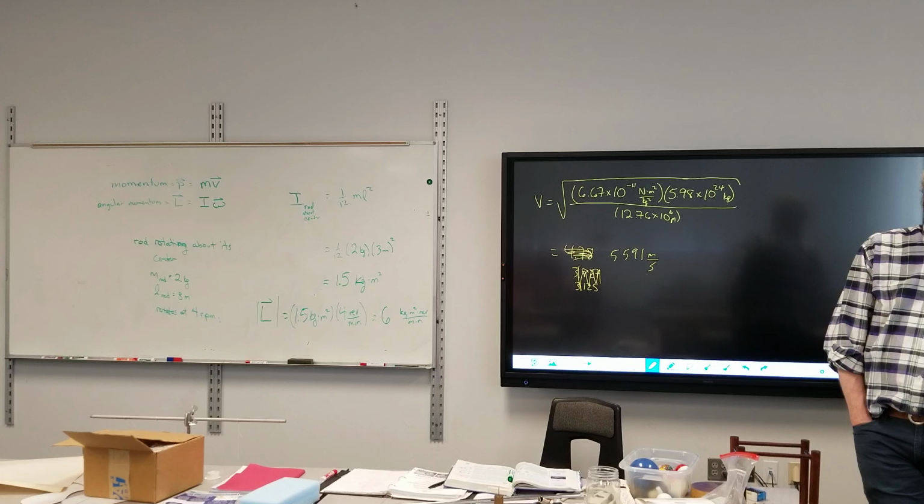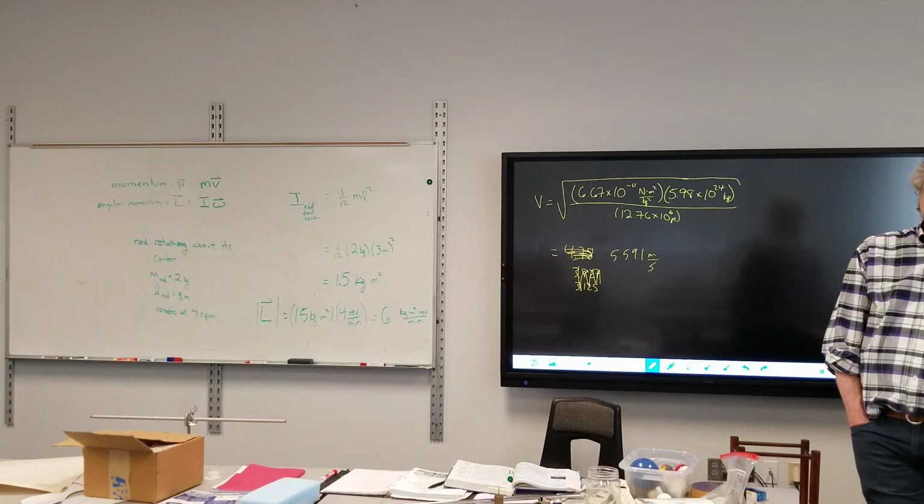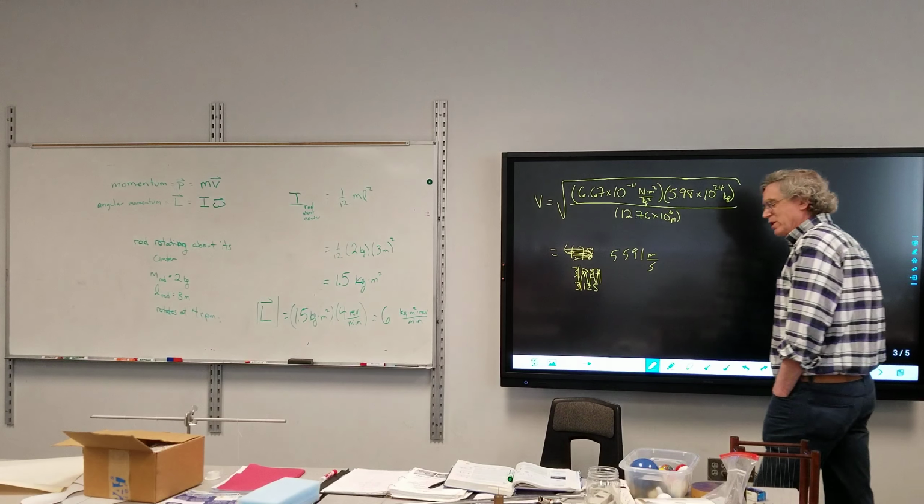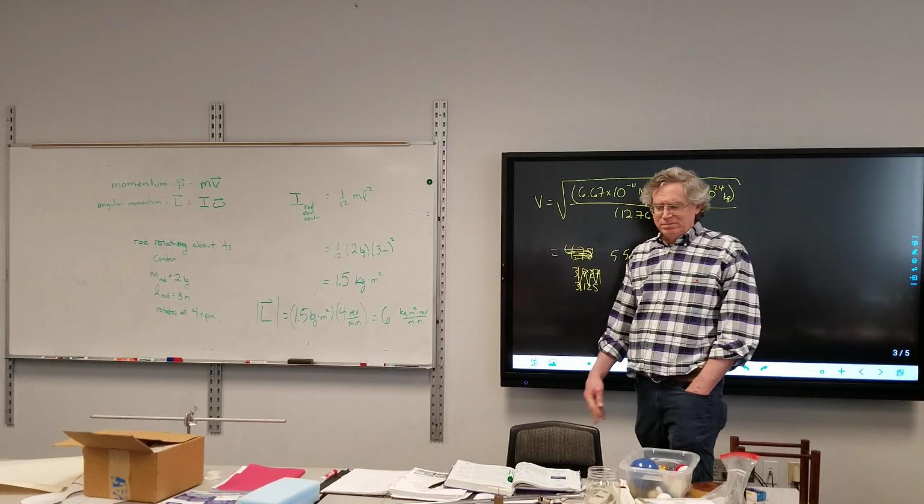How many radians in a circle? 2 pi radians. Yeah, 2 pi. So 6.28, slightly better.